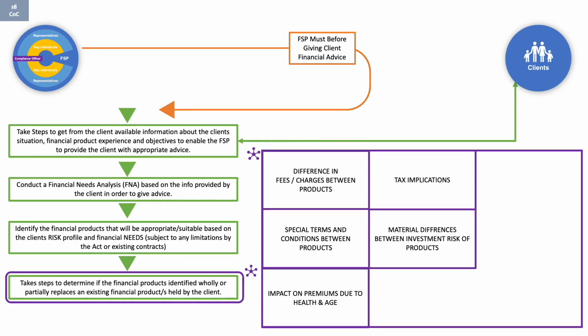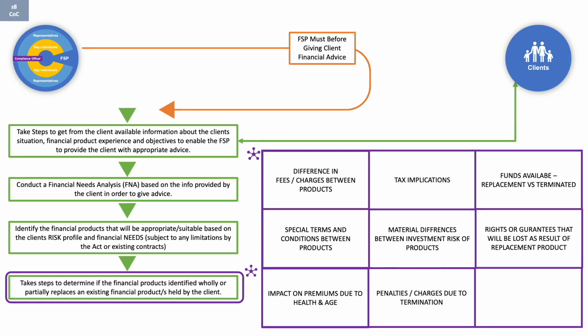Material differences between the investment risk of the replacement product and the terminated product. Penalties or unrecovered expenses deductible or payable due to termination of product. To what extent the replacement product is readily realizable or relevant funds are accessible compared to the terminated product.